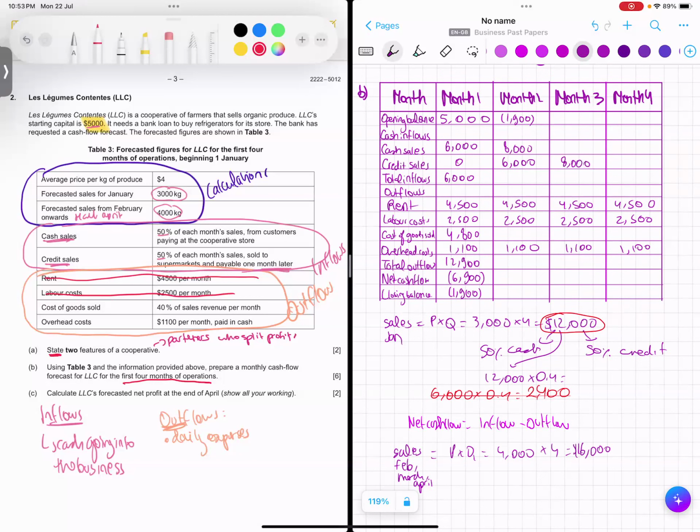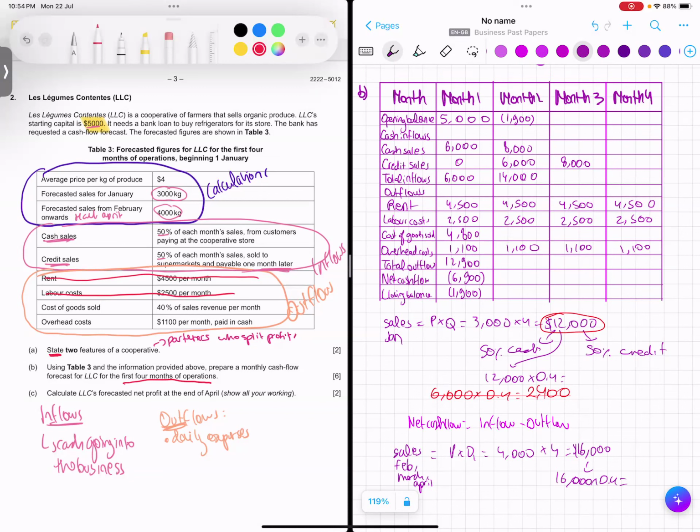You can also continue, but I don't want to confuse you guys, so we're going to do that later. For the total inflows, 8,000 plus 6,000 leads us to 14,000. Now for cost of goods sold, we need to do 16,000 times 0.4, which is 40%.